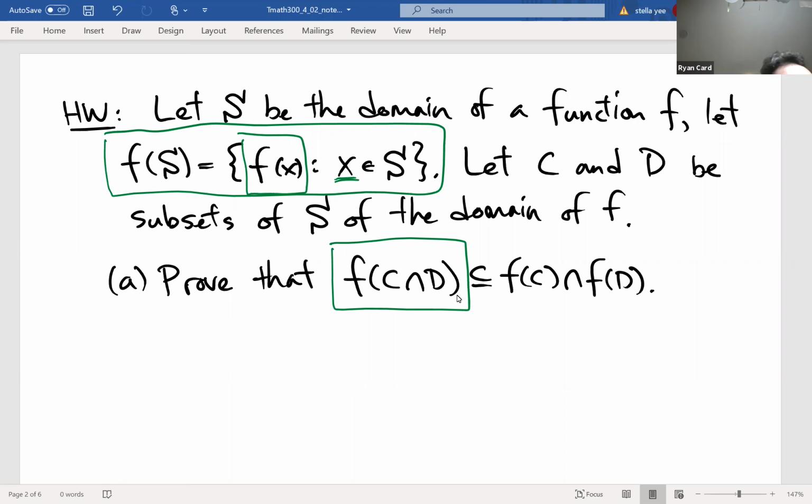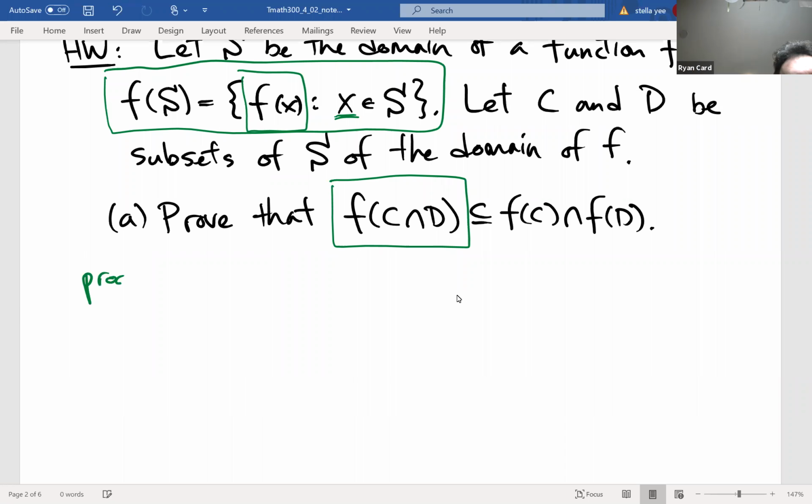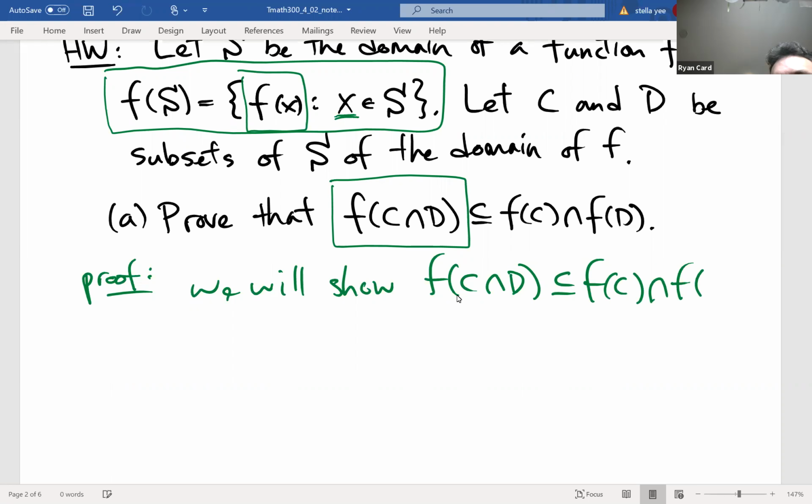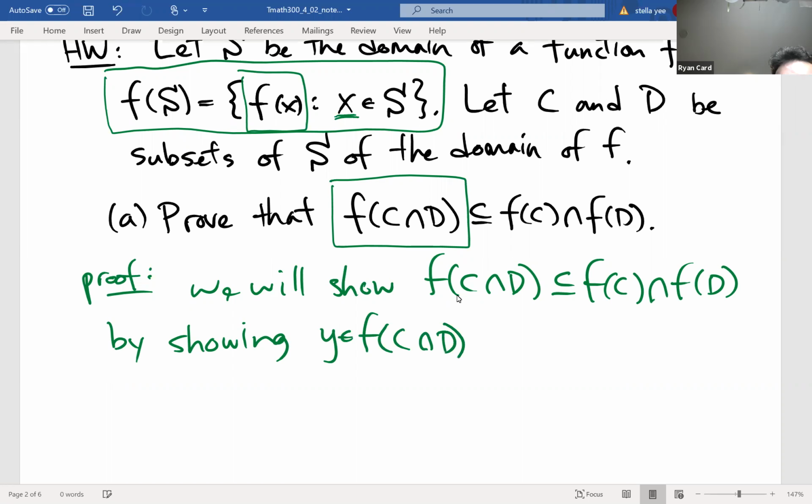We will show that f of C intersect D is a subset of f of C intersect f of D by taking an arbitrary element in the set f of C intersect D, and then showing that it also belongs to f of C intersect f of D. Okay, so that's the general strategy. And basically it comes down to unwinding definitions.